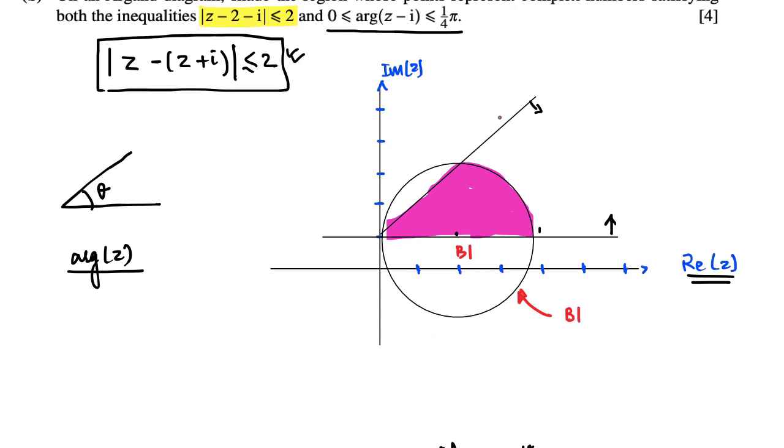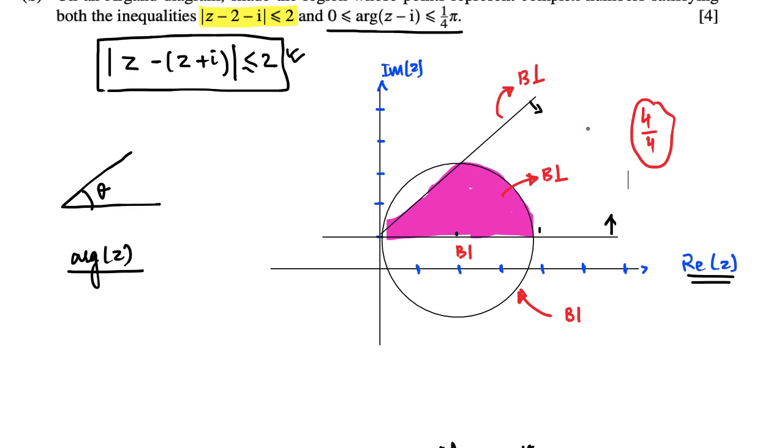Now showing this line at 1 on the imaginary part, with the angle between 0 and pi by 4 roughly, we get B1 for this part, and the last B1 for shading the correct region. Okay, so this way we'll get 4 out of 4 if we do this part over here, and in the first question we'll get 5 out of 5.